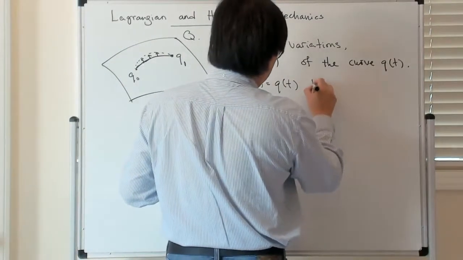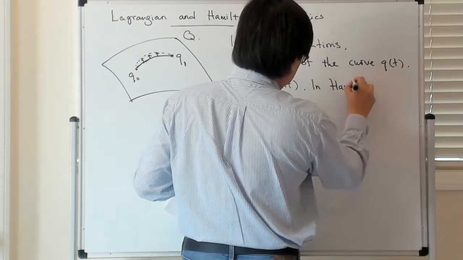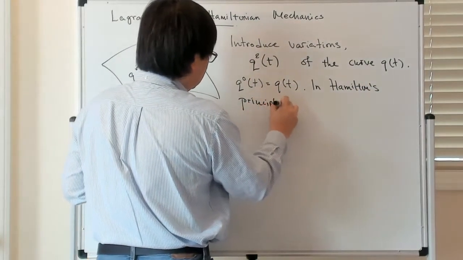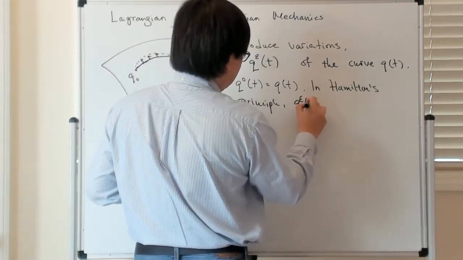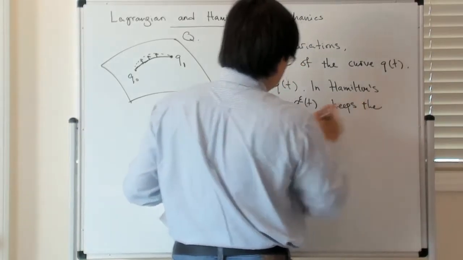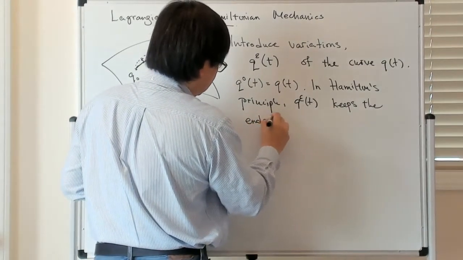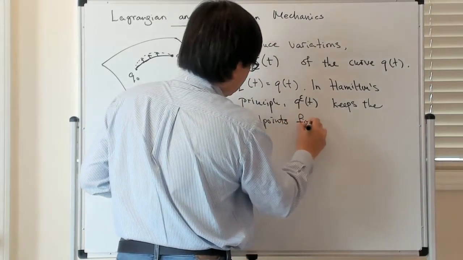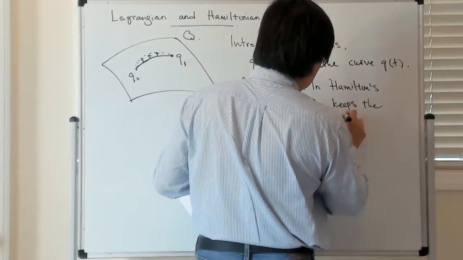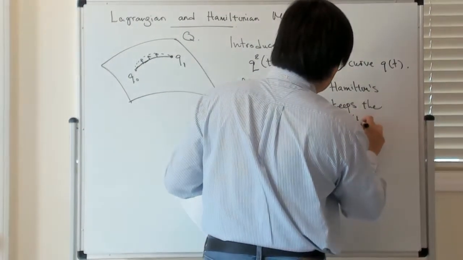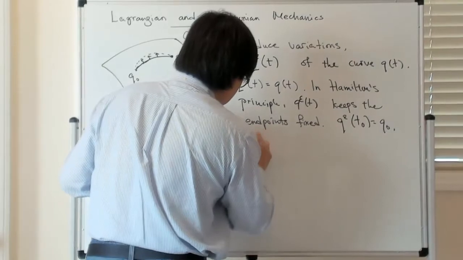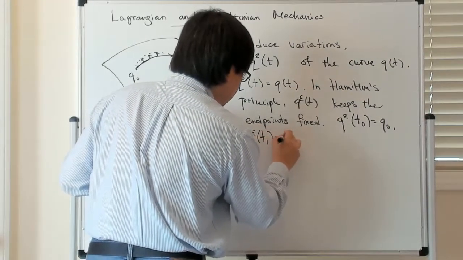So this q epsilon of t variation keeps the endpoints fixed: q for any epsilon at t0 is just q0, the left boundary condition, and q for any epsilon at t1 is q1.